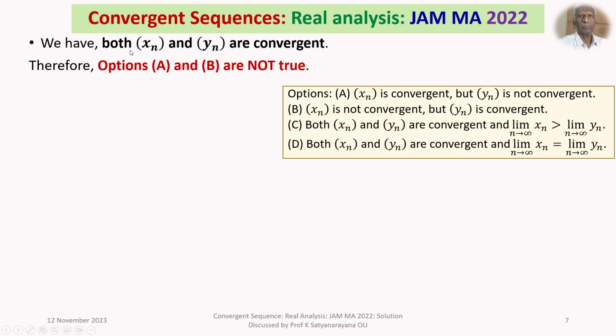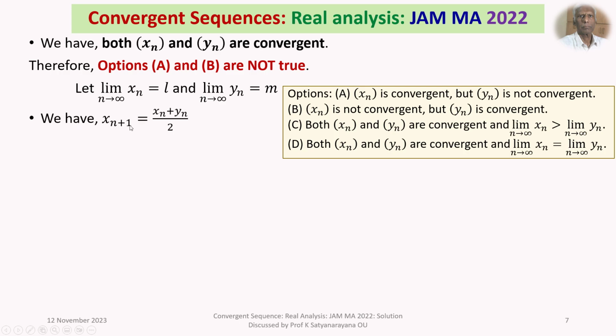Now both of them are convergent. Let the sequence xn converge to L and the sequence yn converge to M. So let the limit as n tends to infinity of xn be L and of yn be M. Now we use x(n+1) = (xn + yn)/2. This is the arithmetic mean. Now take the limits on both sides.